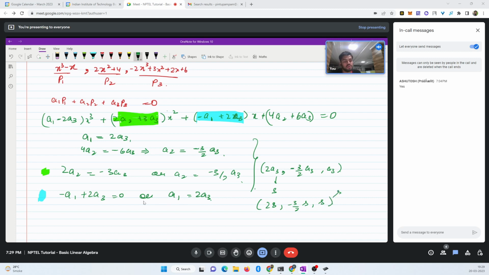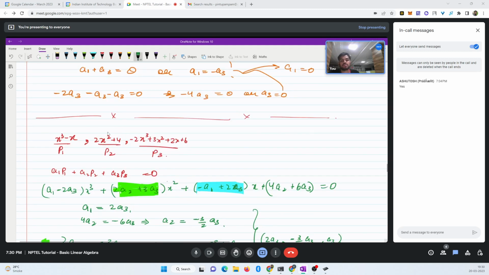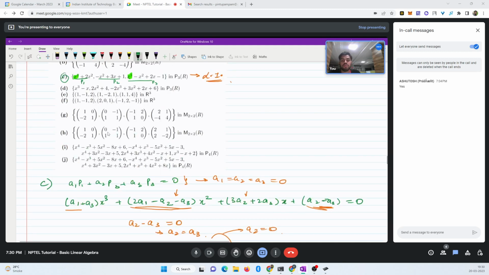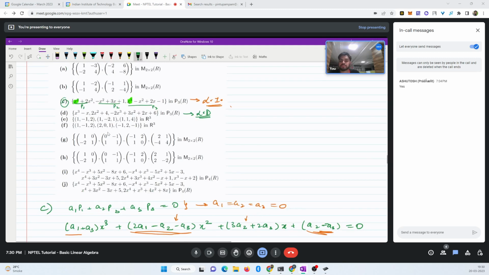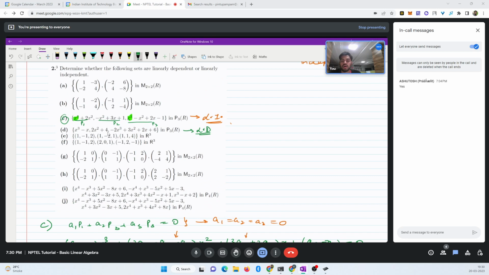So we have a non-zero solution, and hence this set of polynomials is linearly dependent. We can try the others similarly, and I have covered one example of each type.